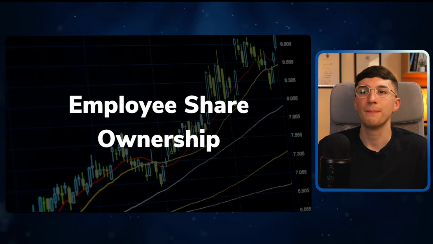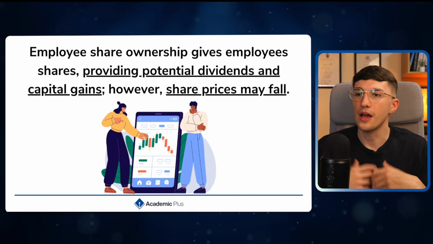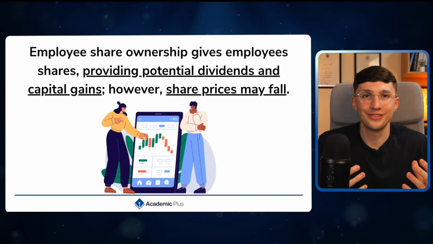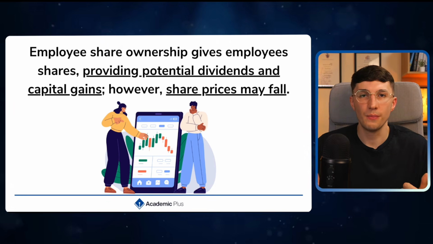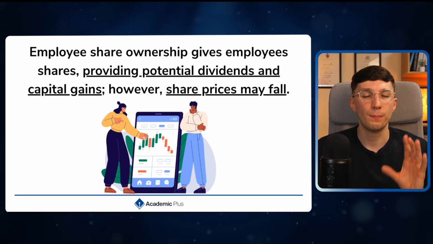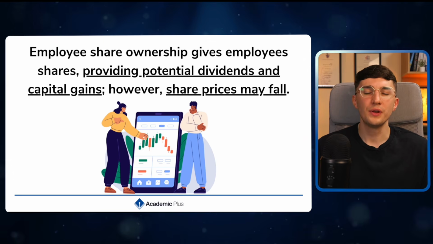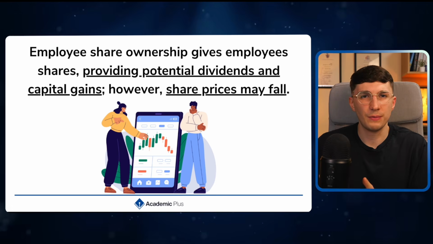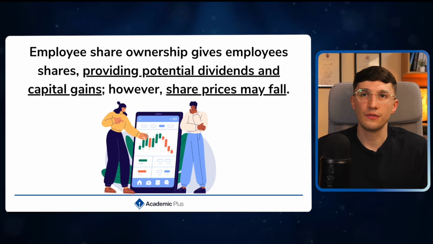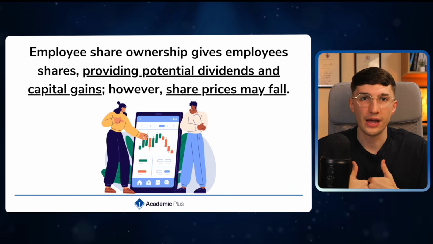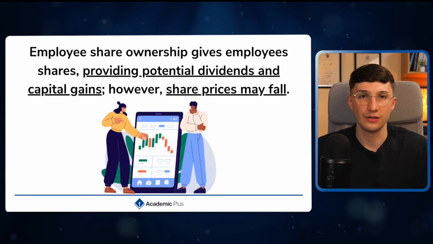Next up, we have employee share ownership. Now, essentially, employee share ownership provides ownership for the employees. They will get shares of the company. Typically, you'll find this in your public limited companies, where the company would either give shares away to their employees or offer them at a discounted rate. So for example, instead of the employee receiving all of their monthly pay, part of that would go into buying shares of the business.